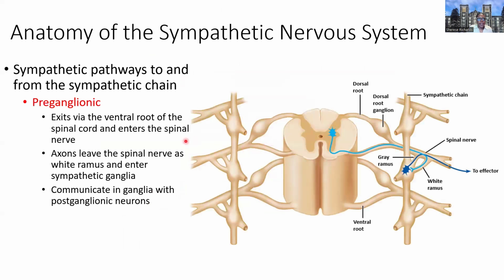Okay, so when we think about the fibers that arise, the preganglionic fibers, they arise from the lateral horn here, but they exit through the ventral root. Really important to make the distinction here. They're not arising from the ventral horn, they're exiting the spinal cord through the ventral root. So this is the ventral root. And there's only two routes to exit the spinal cord or to communicate to the spinal cord.